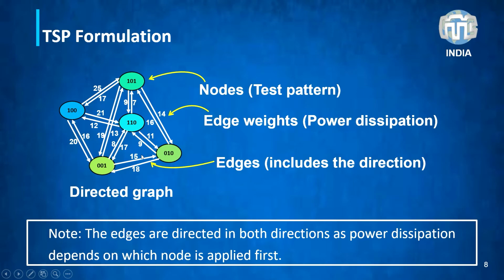Next, we have mapped our problem into a traveling salesman problem. We have formulated a directed graph where the nodes are the test patterns, and the connections between the nodes are the edges. The edge values are the power dissipation between the patterns. For example, if I want to go from 010 to 110, the overall power dissipation is 9, but in the reverse direction the power dissipation is 11.